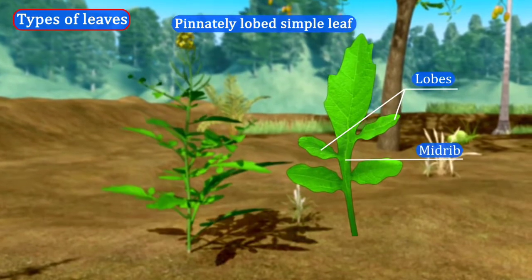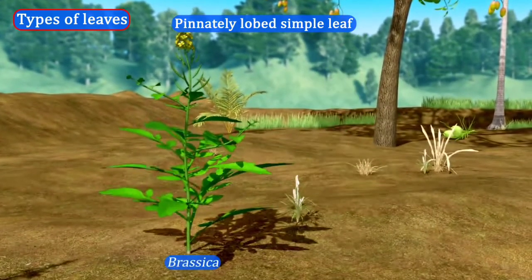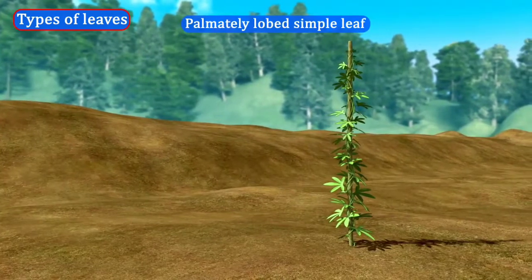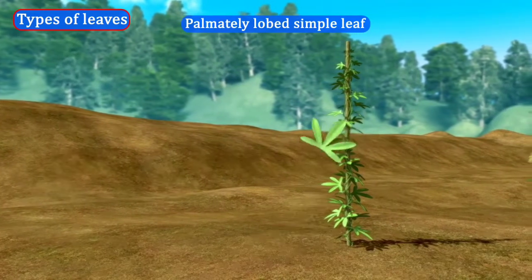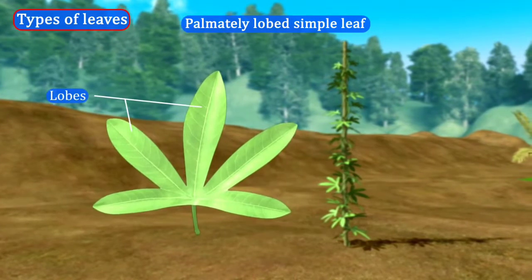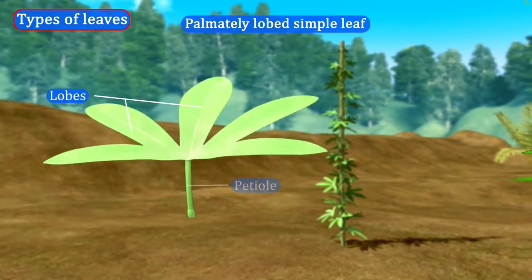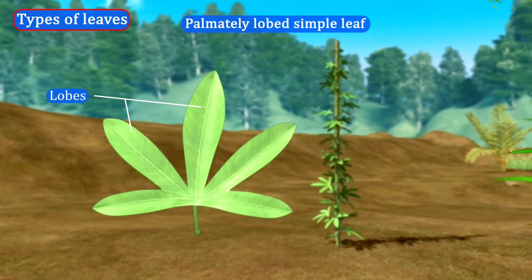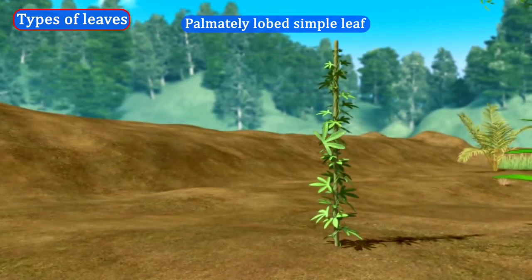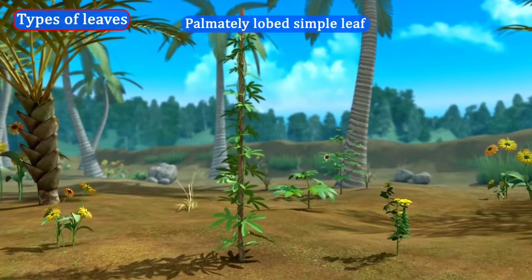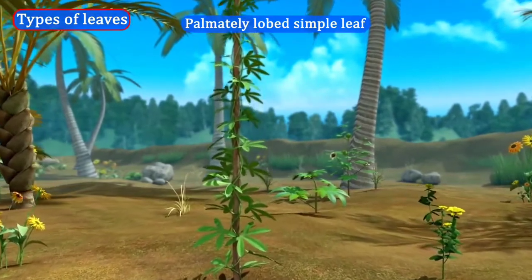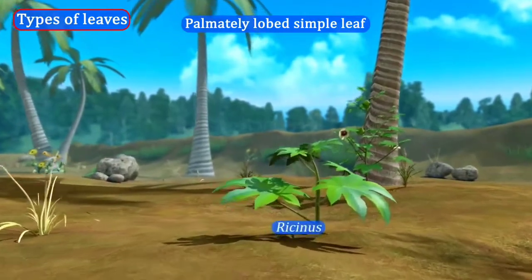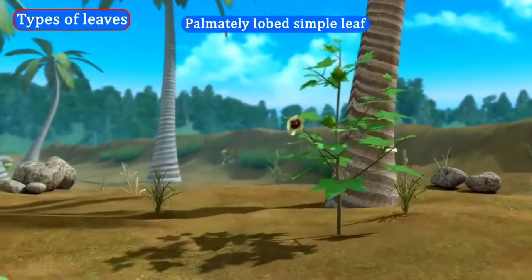Such simple leaves are seen in Brassica. Palmately lobed simple leaf. In this simple leaf, lobes of the lamina are present at the tip of the petiole. In this leaf, lobes are arranged like fingers in a palm. Such leaves are seen in Passiflora, Ricinus, and Gossypium.